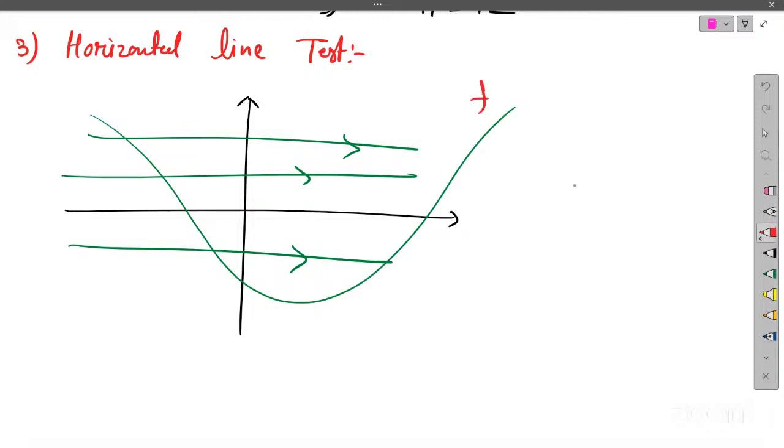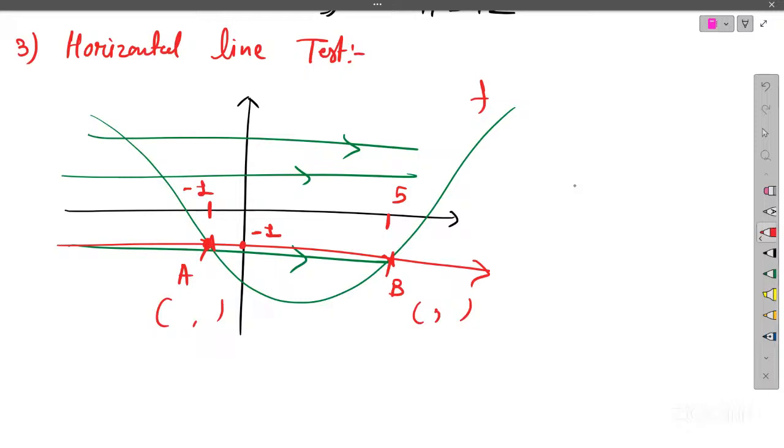Suppose I take this particular line, then this line is intersecting my given graph of a function at 2 points. So at these 2 points, what is happening? Suppose here the value of x is, you can take any value, so I'll take minus 1 and 5. And suppose this is the value of y equal to minus 1. Then can you find out the coordinates of points A and B? What will be the coordinates of point A?